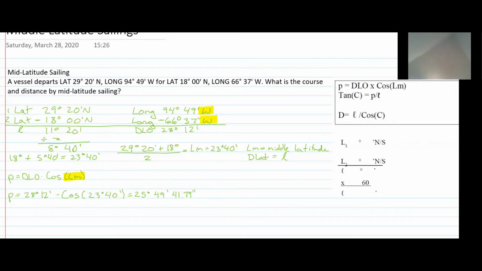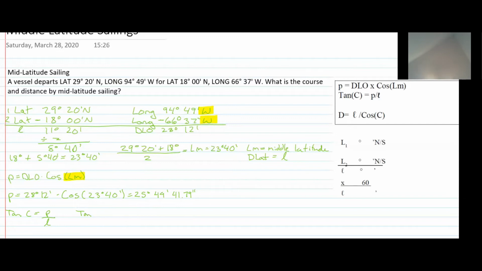So we'll go into the next problem listed, which is tangent of C equals P over L. So we already have all that information.